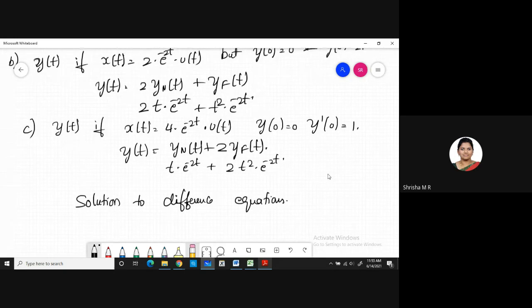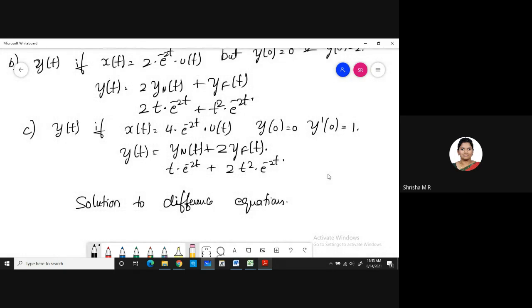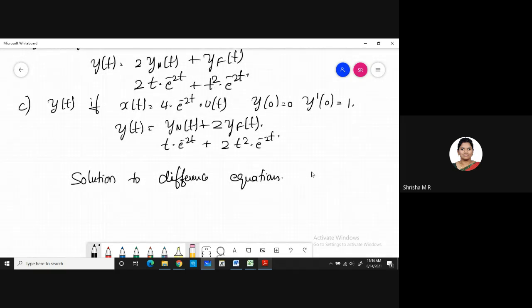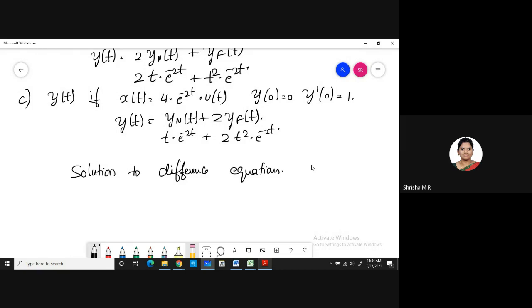So this difference equation is same as differential equations. Okay. So there we took differential equations, Nth order differential equations. So here we'll take difference equations with a single input. So you consider an Nth order difference equation with single input.